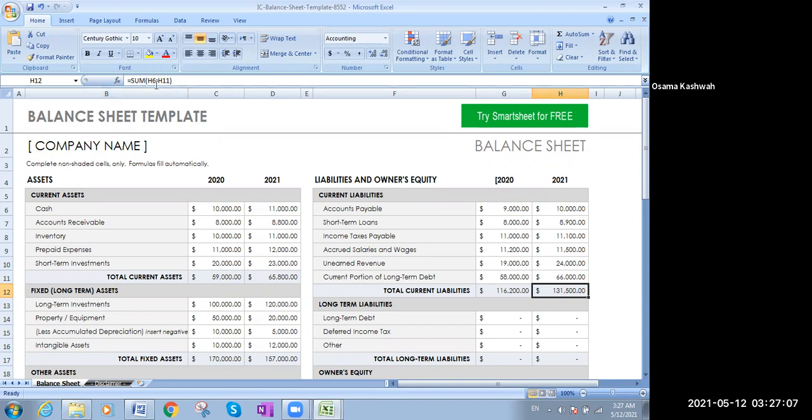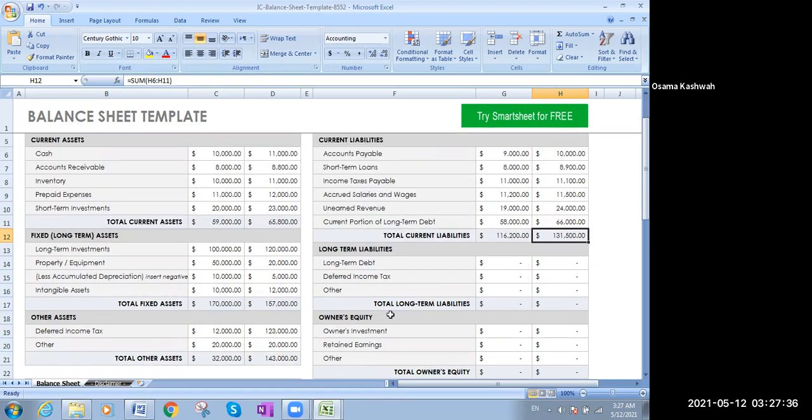The two dots mean till, or all the range. What is between brackets, we call it range. And the two dots are what is between the numbers in the range. So here it is between H6 and H11. What will I do with them? SUM. What is the meaning of sum? I will add them together. 10 plus 8 plus 11 plus 11 plus 24, and so on.